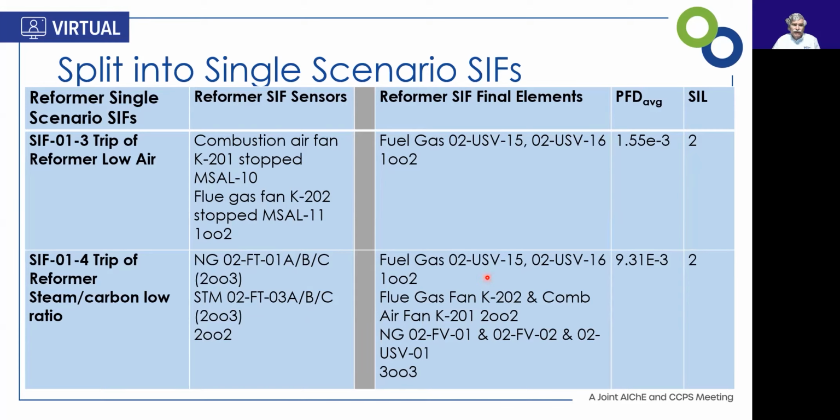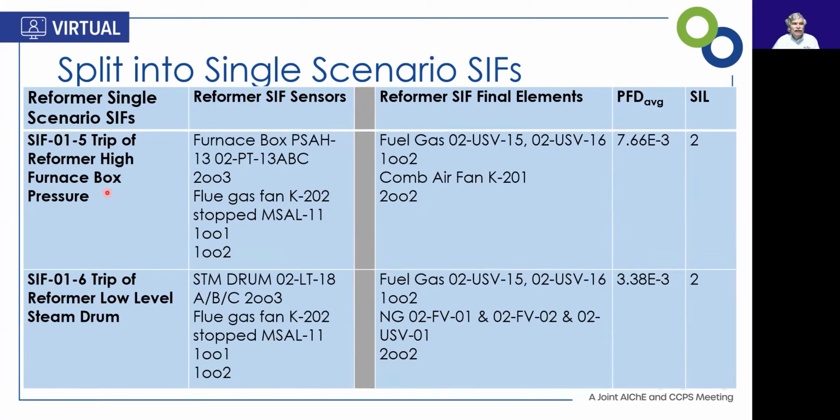And to prevent the consequence here, we need to turn the heat off. So that's trip the fuel gas and the combustion air. And we need to trip the natural gas going into the catalyst side of the reformer. And so we have the 2 flow valves and the USV shutdown valve. And we don't need any other final elements to prevent this consequence.